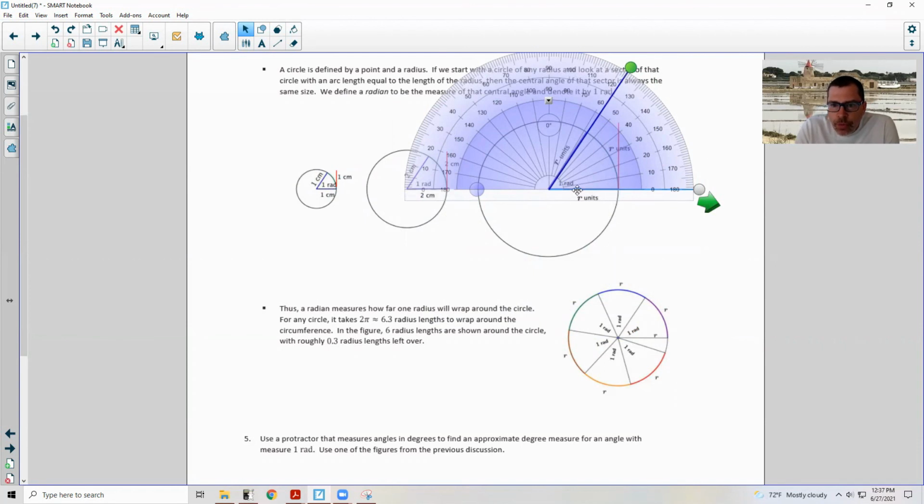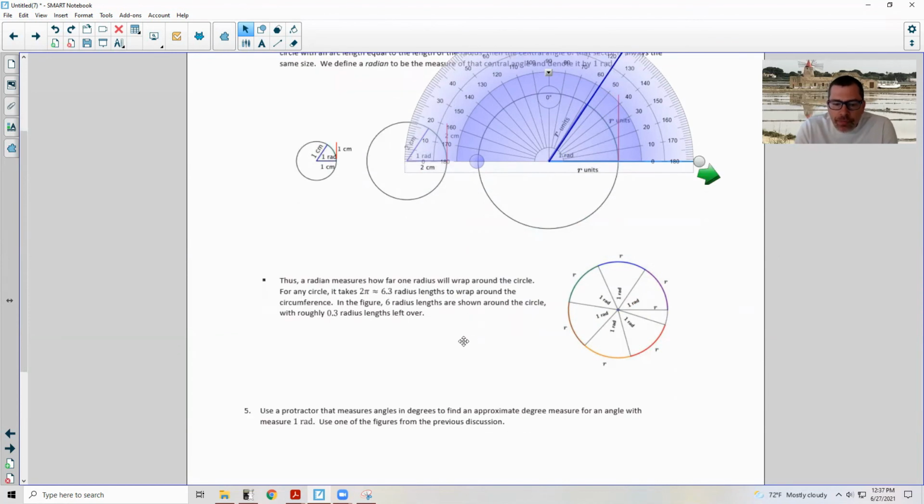Okay, so 1 radian is approximately 57 degrees. Okay, so we find that the degree measure of any angle that has a measure of 1 radian is approximately 57 degrees. Now remember, we did the sine of 57 degrees and notice that that was a slope of 1 close to the origin in our graph of our sine curve.